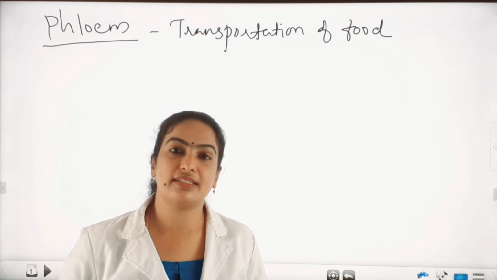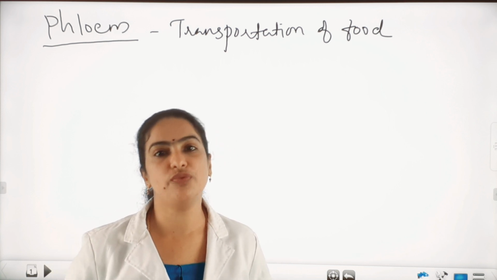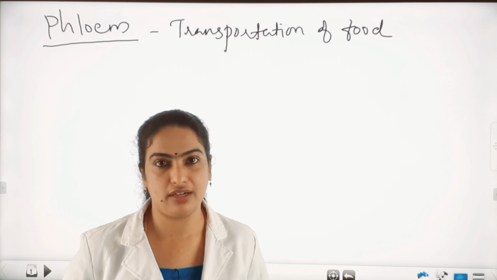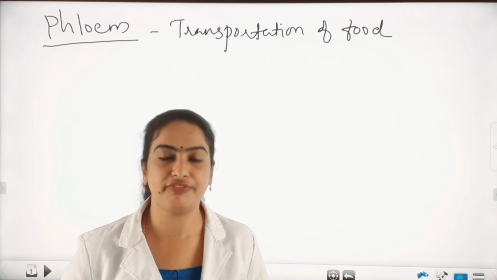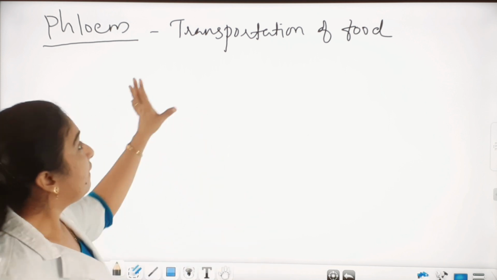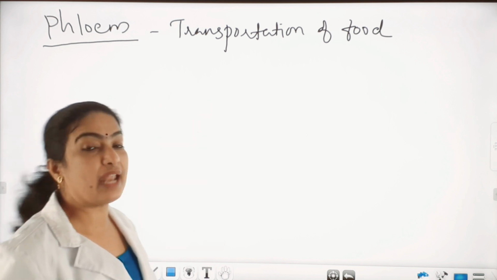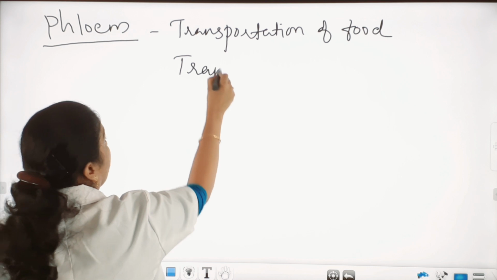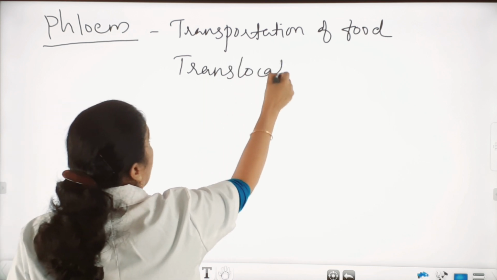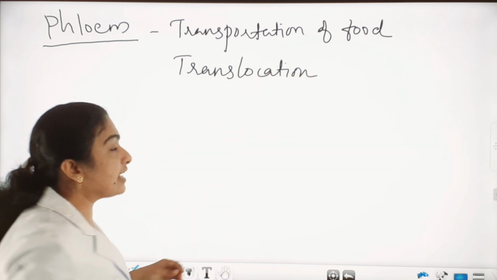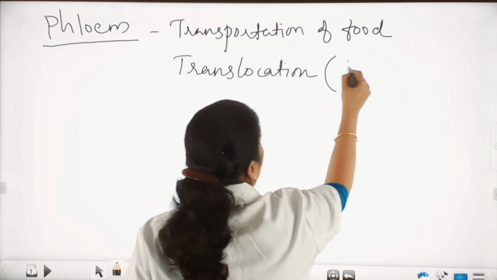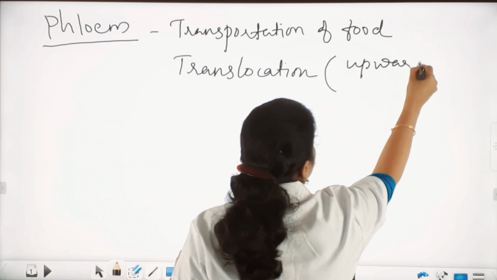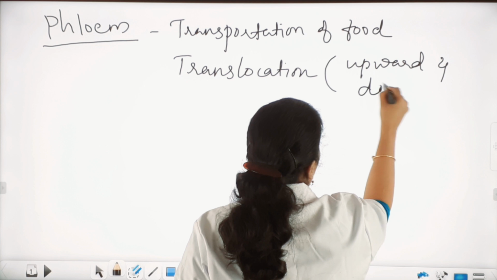So there is upward and downward transportation of food in the plant body through the phloem. Is it clear? The transportation of food in the plant body through phloem is also known as translocation. Translocation occurs both upward and downward.